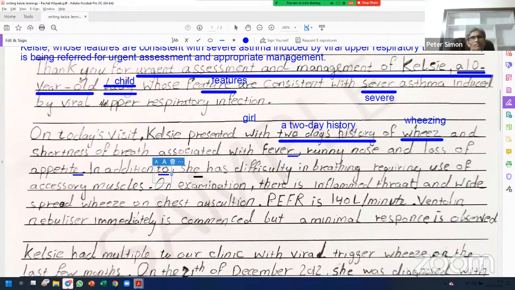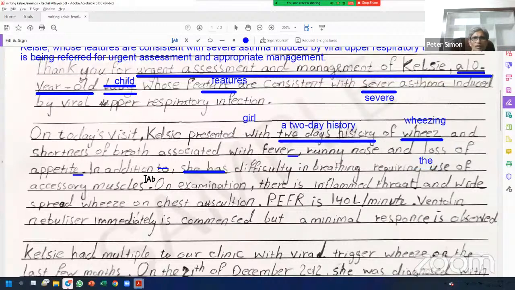In addition, that's enough. She has difficulty in breathing, requiring the use of accessory muscles. Avoid using she. Remove she has. So, in addition, difficulty in breathing, requiring the use of accessory muscles, has been observed, or has been reported, has been noticed.